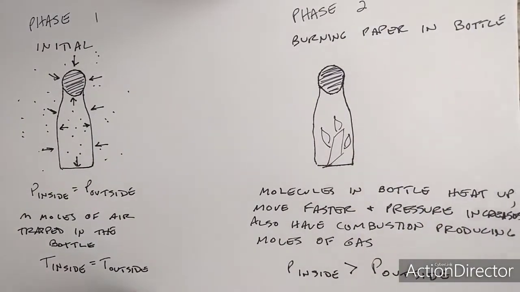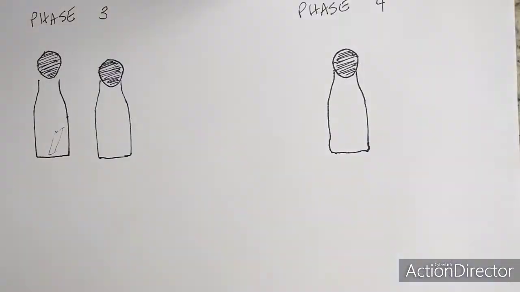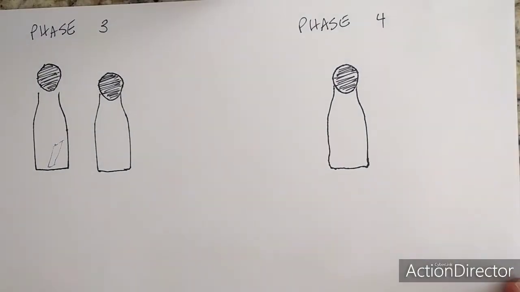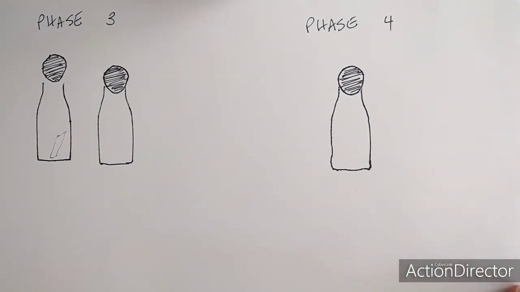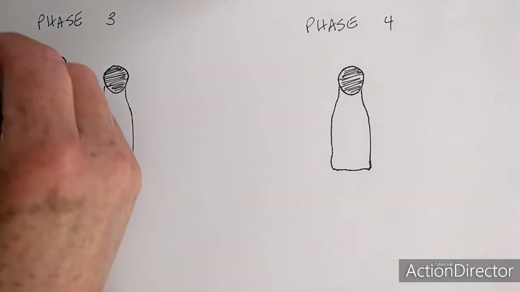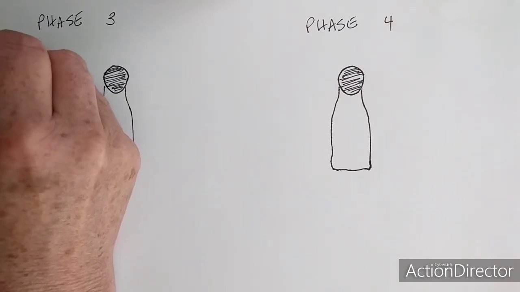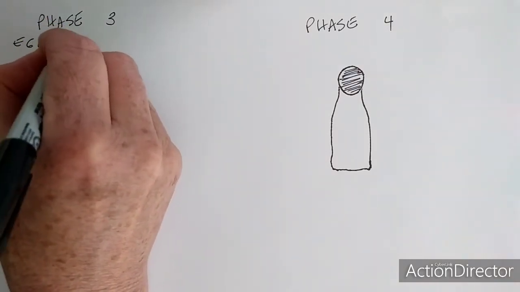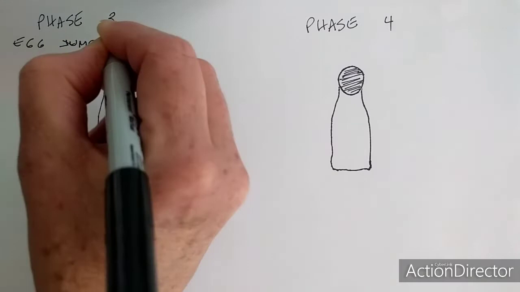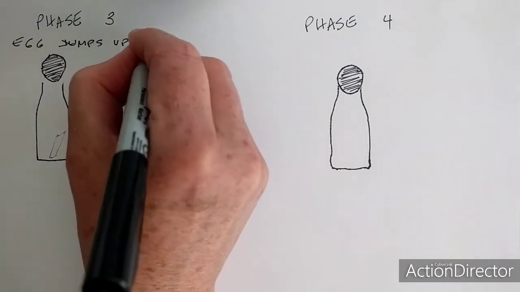All right, so that brings us to phase 3. In phase 3, if you go back and watch the video and look at it very closely, you'll see the egg jumping up and down. The flame goes out and the egg jumps. Whoops, the egg jumps up and down.